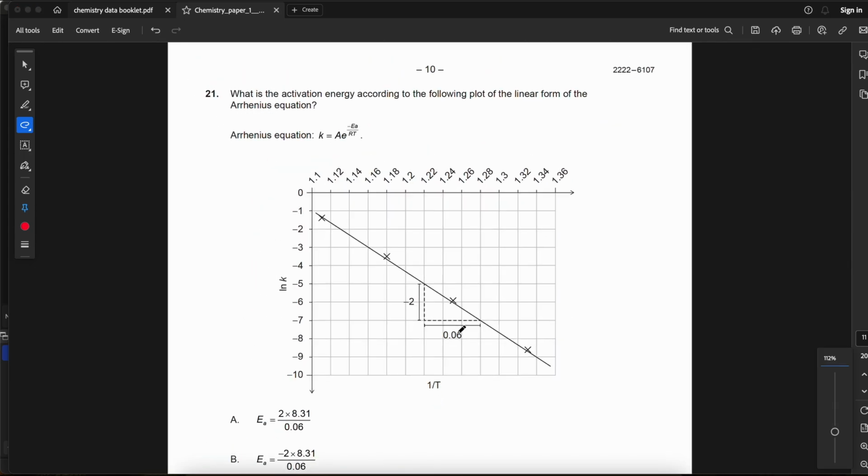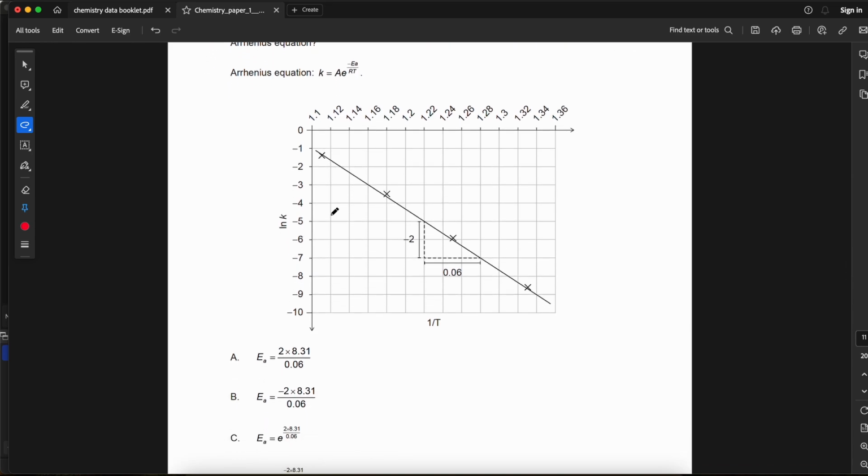Okay, so what is the activation energy according to the following plot of the linear form of the Arrhenius equation? So gradient equal to negative EA divided by R, and the slope is negative 2 divided by 0.06.